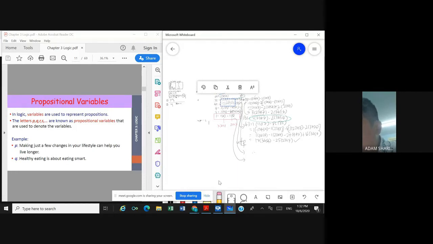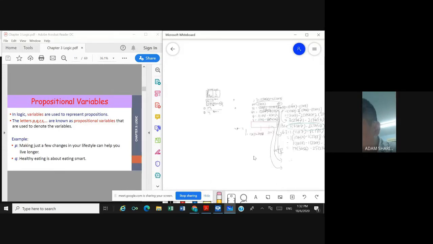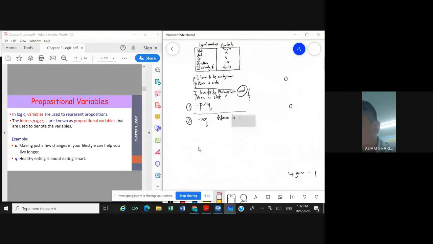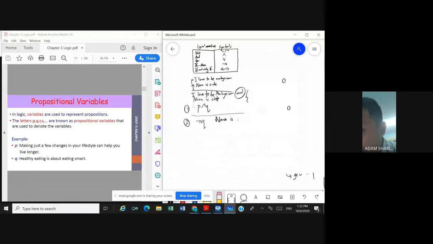I delete this. I don't want to clear the canvas yet. So, Nora is not cute. When you want to transfer it, make sure the words in the logical connectives column must be there. Nora is not cute.